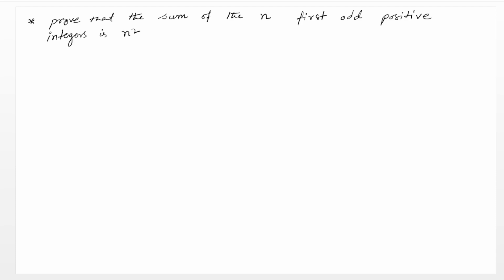We have to prove this. That is, we can write that 1 plus 3 plus 5 plus up to 2n minus 1 is equal to n square. We have to prove this by using the principle of mathematical induction.